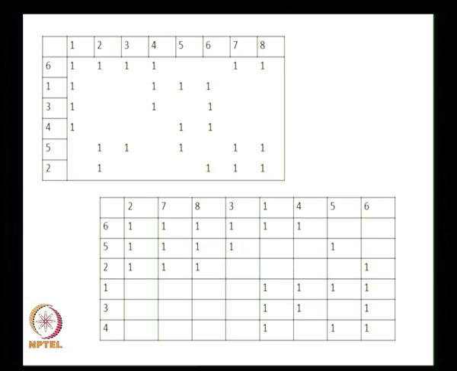Sometimes different people looking at the block diagonal structure may create different solutions, which means different configurations of machine cells and part families, or we need another algorithm which will identify machine cells and part families from a given block diagonal structure that comes out at the end of the algorithm. So, when we have a structure like this as the final structure, now we realize that this is the final solution.